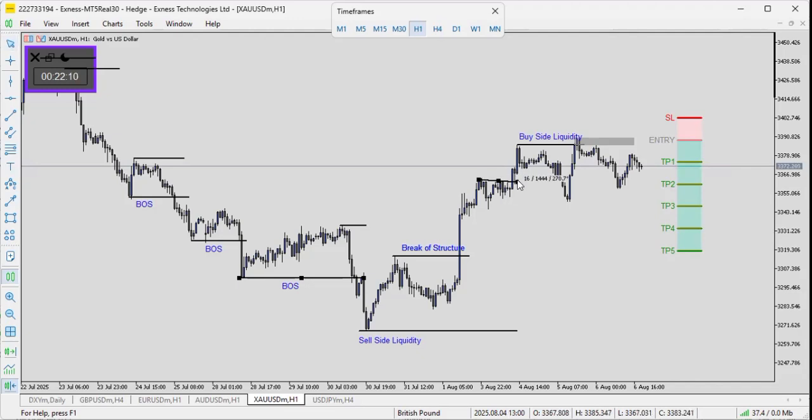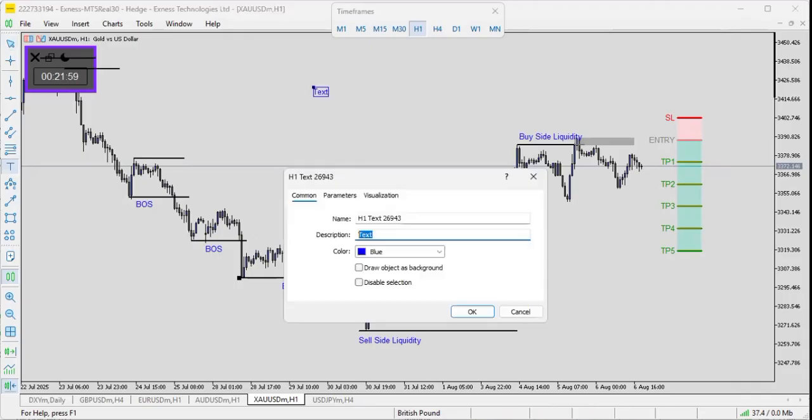Now I will show us something where you can know these are points where the market makers are positioned.